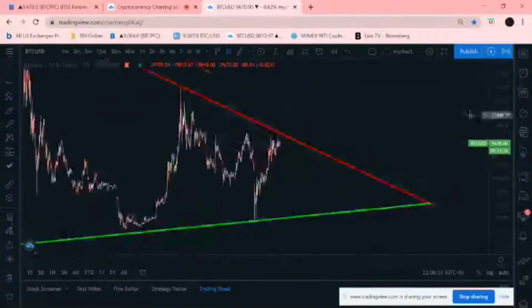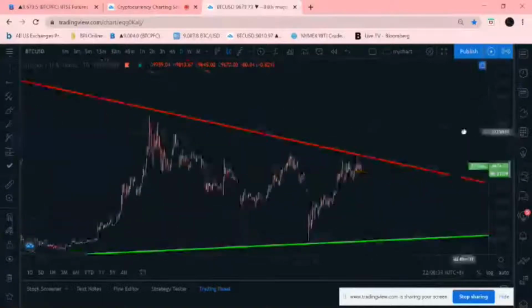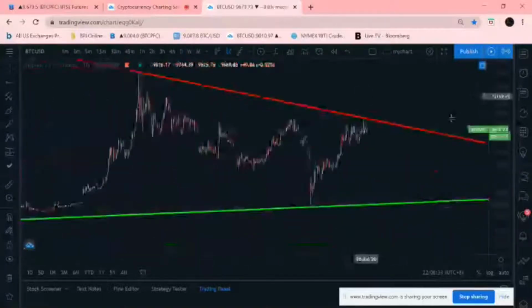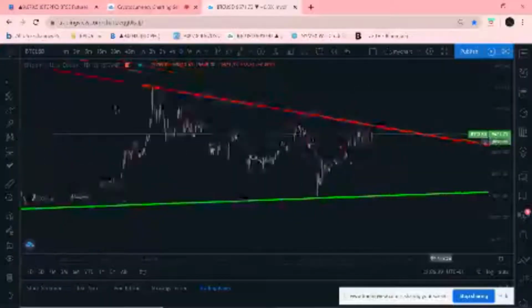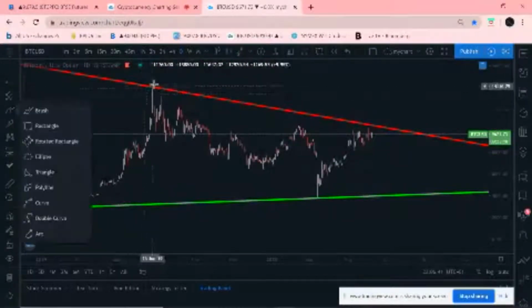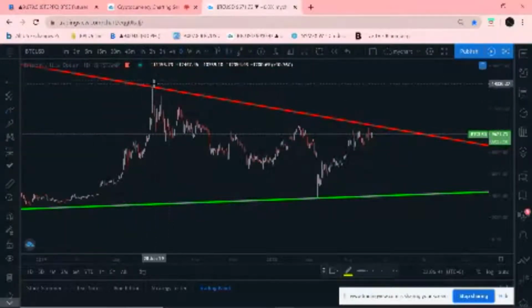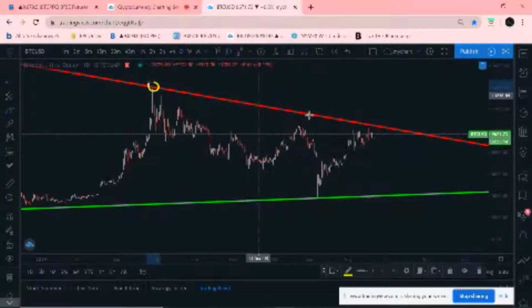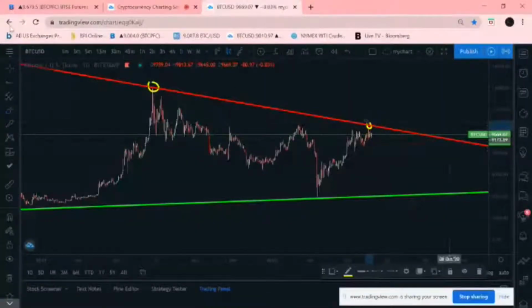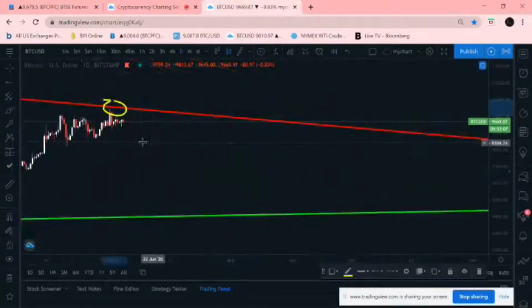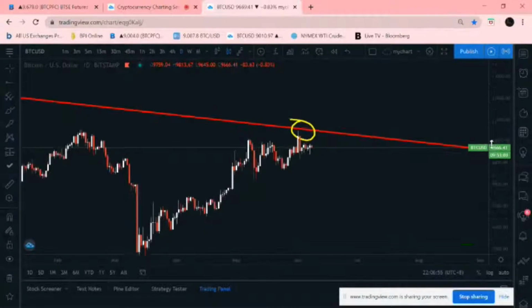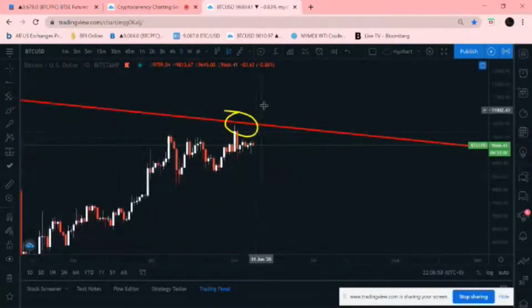There you go, guys. So actually it resists at this area, and then this area. Now it is trying to retest it again, and let's see if this time it will break out in this area around 10,400.